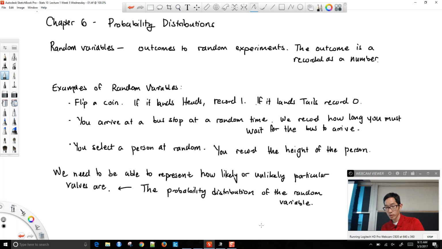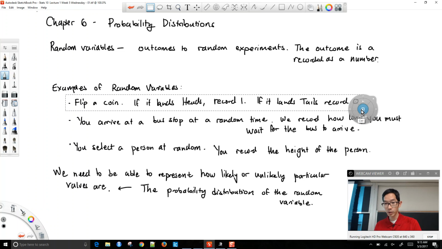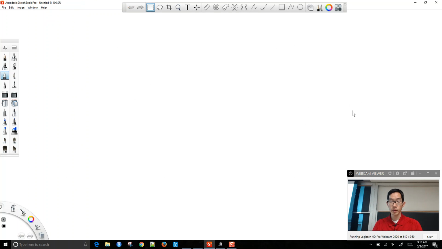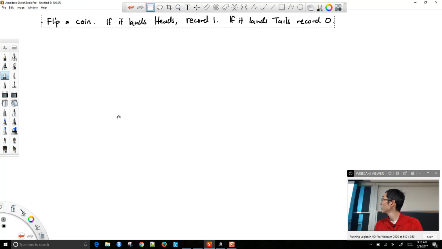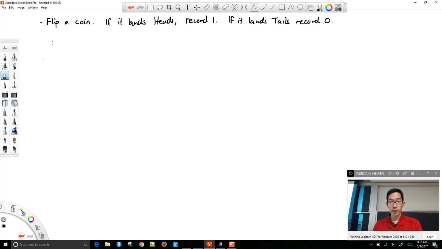All right, so let's take a look at each of these that I've mentioned as examples of random variables. The first one is flip a coin. If it lands heads, record a 1. If it lands tails, record a 0. And so this is what we call an example of a discrete random variable.